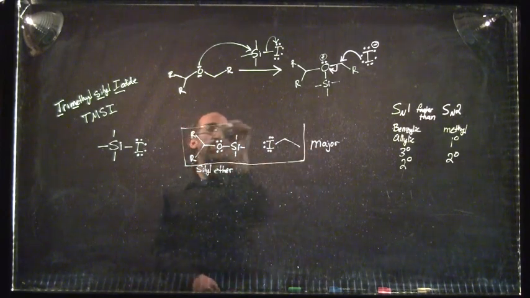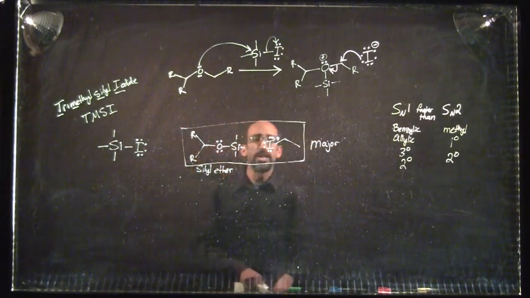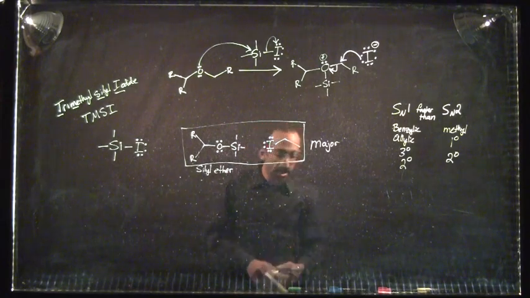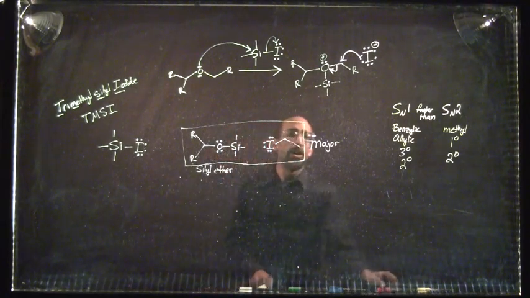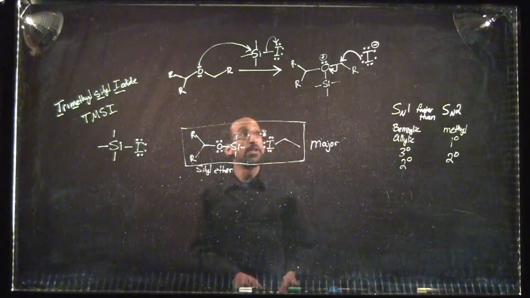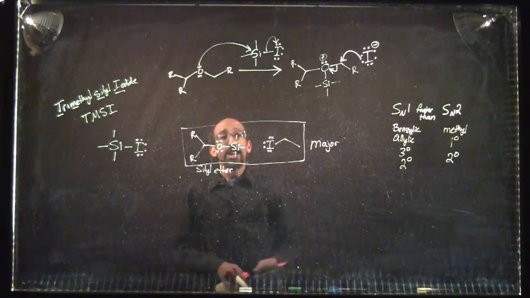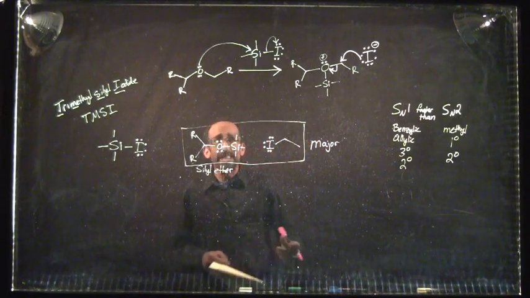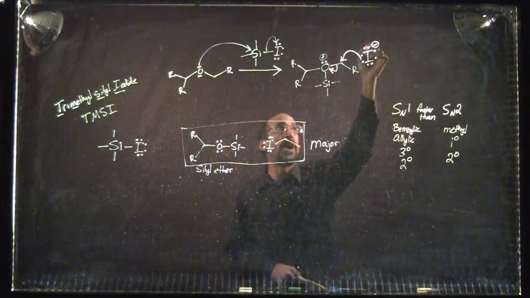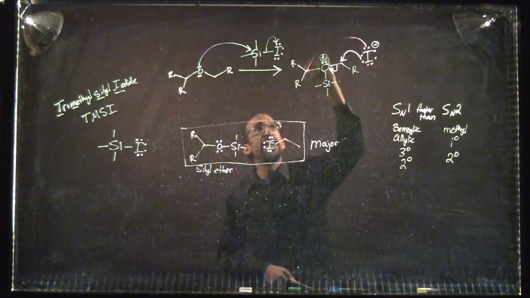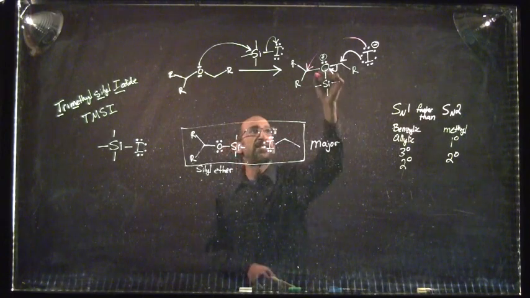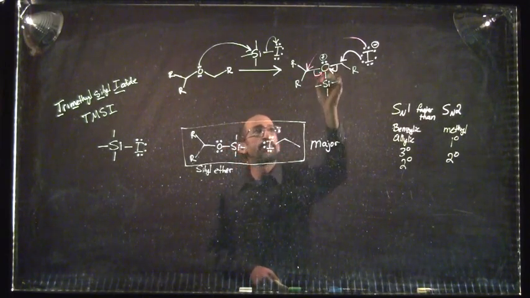But just like we saw when using HI or HBr, the potential for our nucleophile, our iodine, to attack at the other carbon still exists. And so we will see some product forming from the iodine attacking into that secondary carbon now instead.